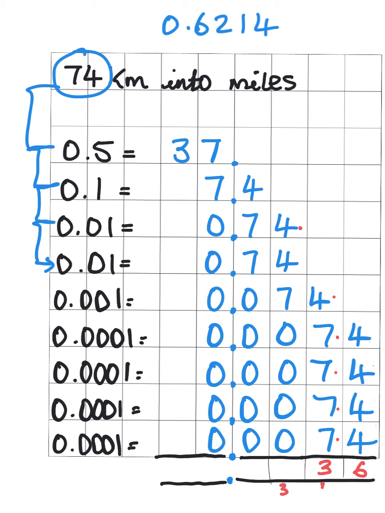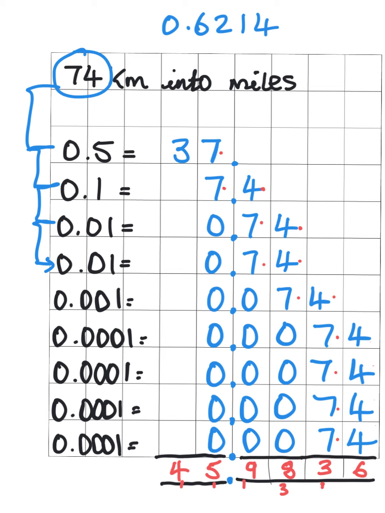Next column, 4, add 4 is 8, add 7 is 15, add 3 is 18. 4, add 7 is 11, add 7 is 18, add the 1 at the bottom is 19. 7, add 7 is 14, add the 1 at the bottom is 15. 3, add 1 is 4. So 45.9836 miles.